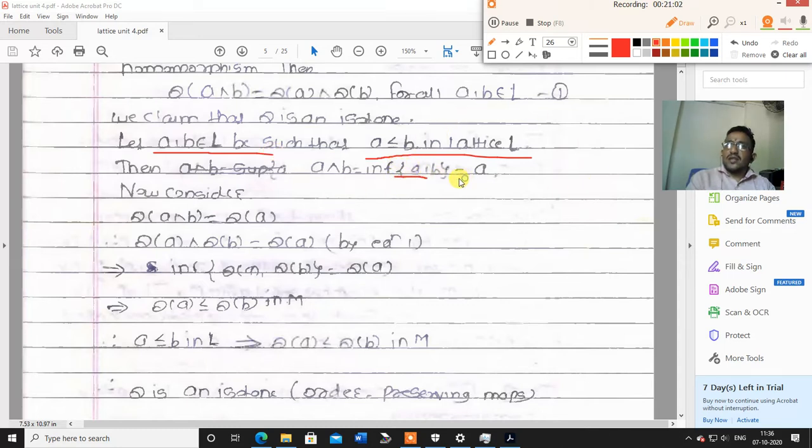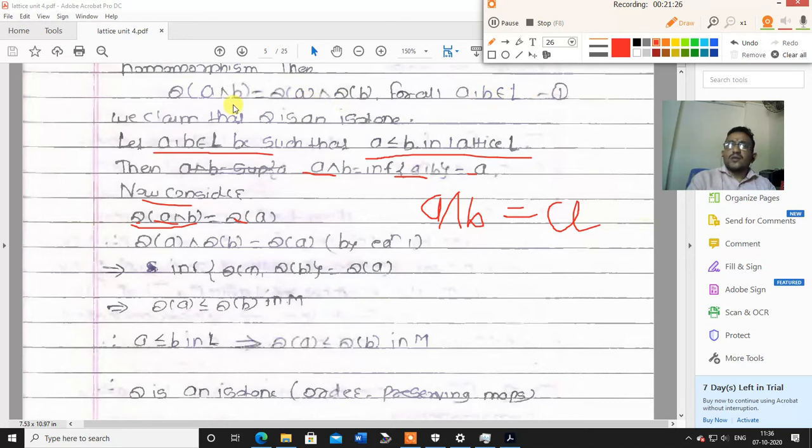Therefore, the infimum of A and B is A. So we consider A meet B is equal to A. Now consider theta of A meet B. Since A meet B is equal to A, we get theta of A meet B is equal to theta of A.